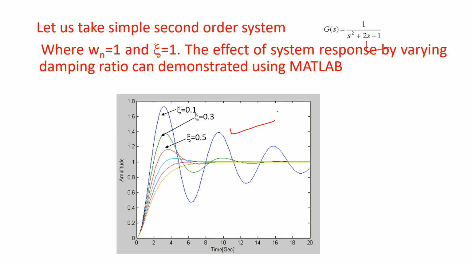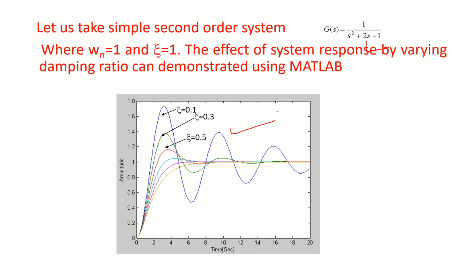Hope you have got a clear understanding of time response and its importance. The behavior of higher order systems will not be very much different from the second order system. So once you learn how to design the system for the required response, then you can always realize this in the form of a physical system.